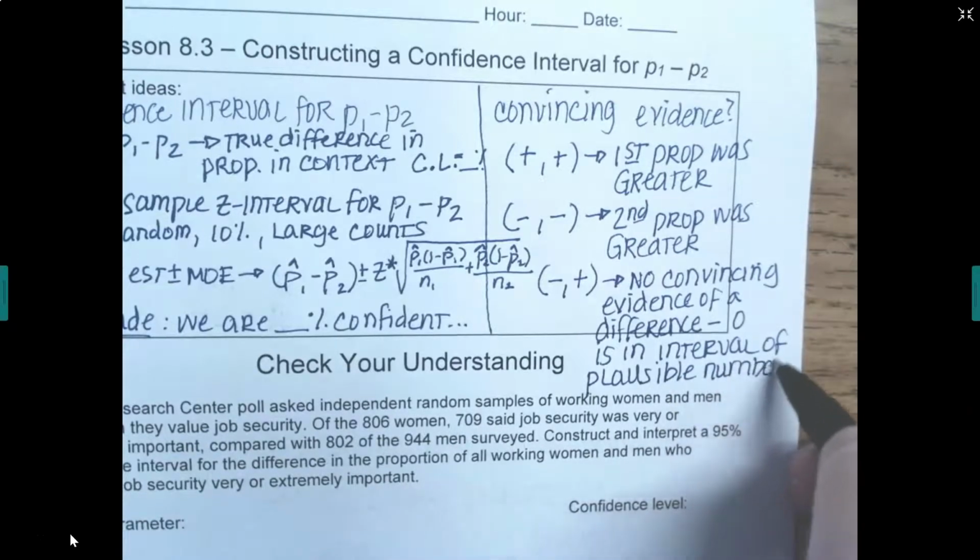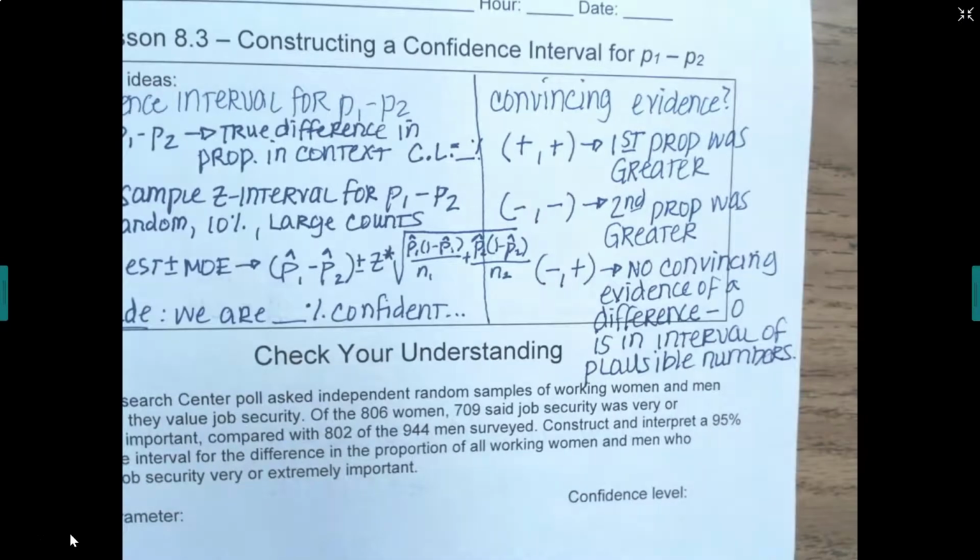All right. So negative to positive is no convincing evidence of a difference because 0 is in the interval of plausible numbers.